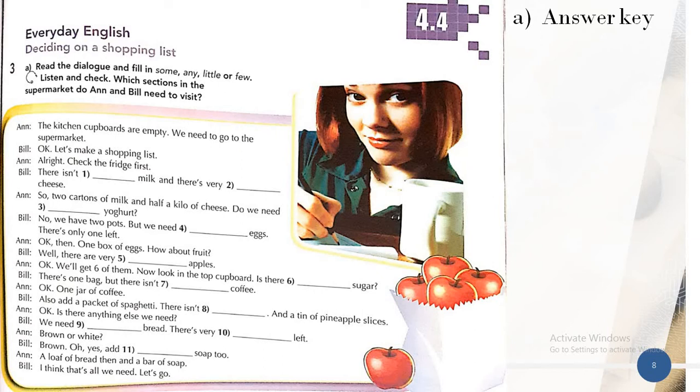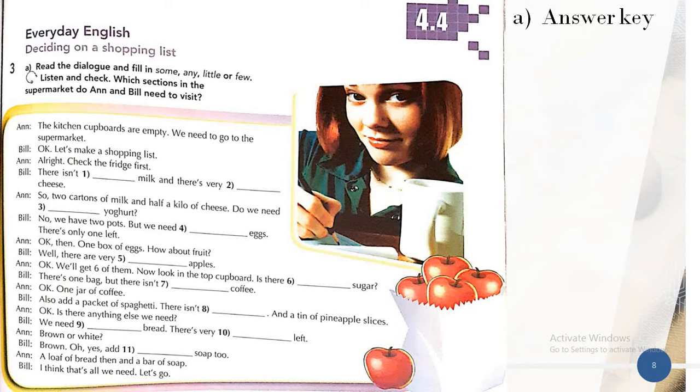Anne: All right. Check the fridge first. Bill: There isn't milk and there is very cheese. Anne: So 2 cartons of milk and half a kilo of cheese.